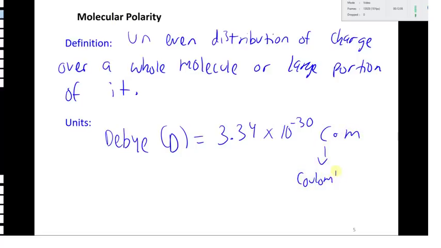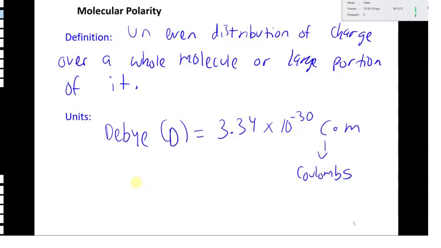Again, we're not going to do any calculations with this, but this is how you measure molecular polarity, in units of debye, a combined unit that involves charge and distance, dipoles being a product of charge and distance. We call this the dipole moment, which is abbreviated with the Greek letter mu.